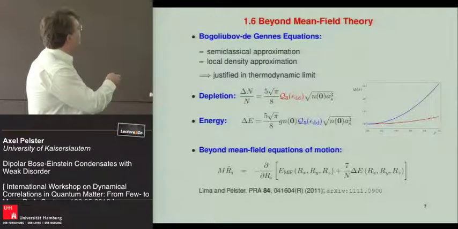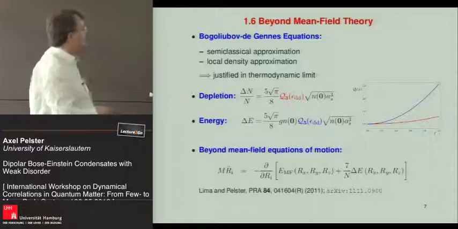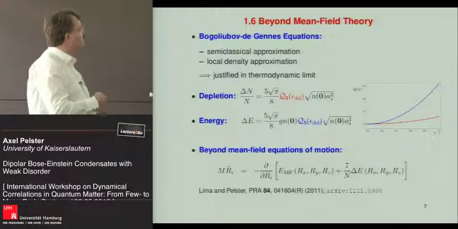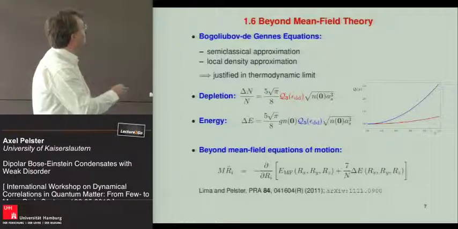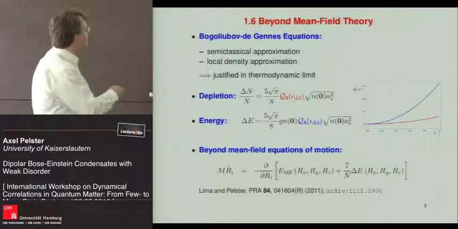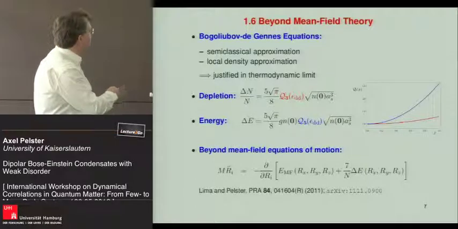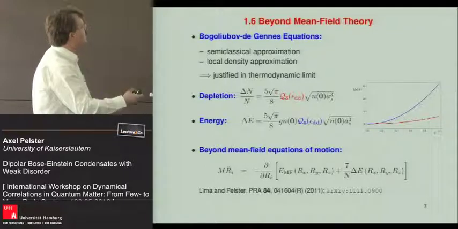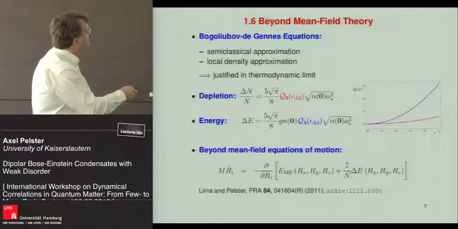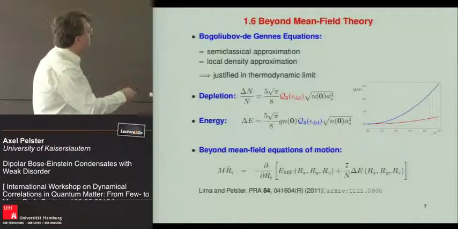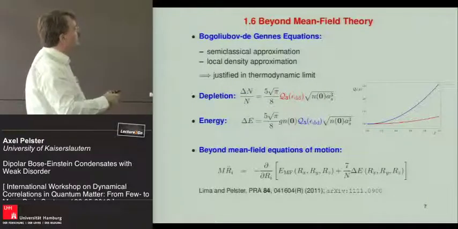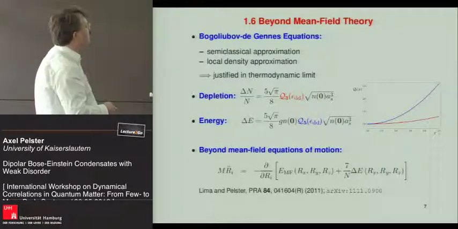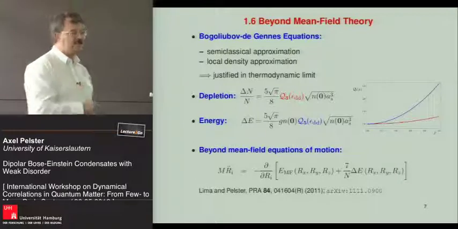However, invoking the semi-classical and the local density approximation, which are valid in the thermodynamic limit, it turns out that the Bogoliubov-de Gennes equations can be analytically solved, and both the depletion and the ground state energy are shifted due to the interactions. The black terms here are always the respective terms you would have for a pure contact interaction, and the red and the blue terms here are the dipolar enhancement factors.